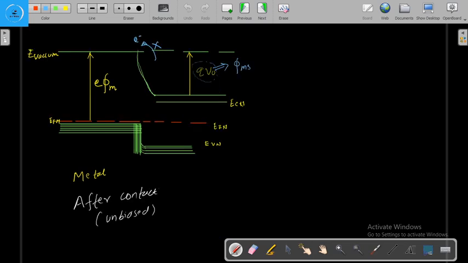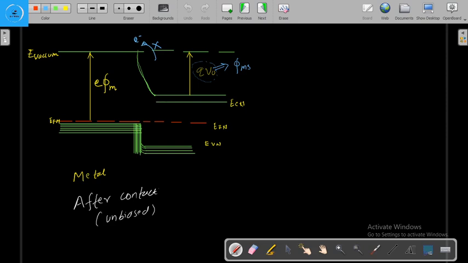An uphill will exist in the energy band diagram, and hence the electron cannot move from the semiconductor to the metal, because for moving the electron from the semiconductor to the metal we have to apply a large amount of voltage.